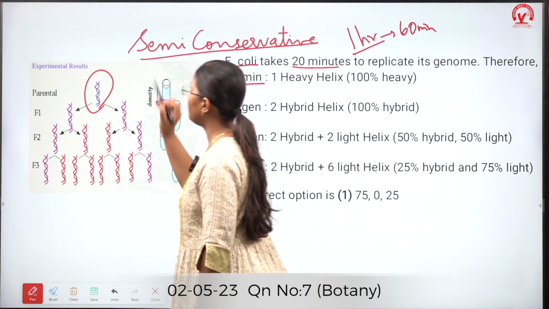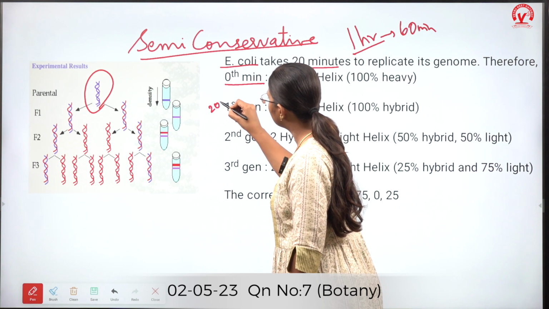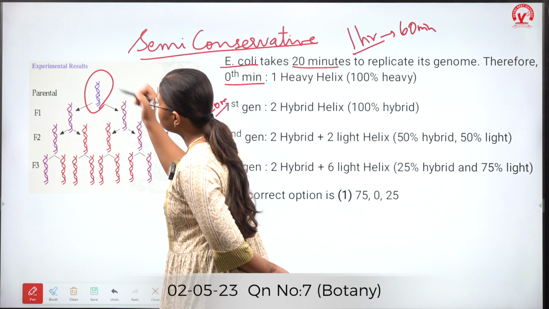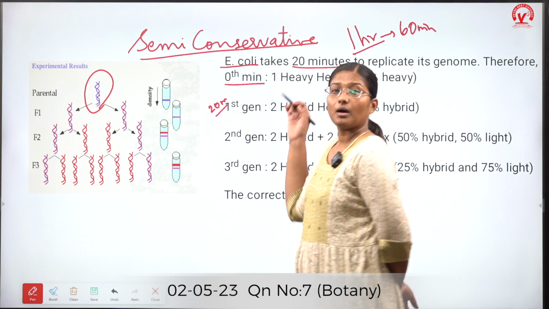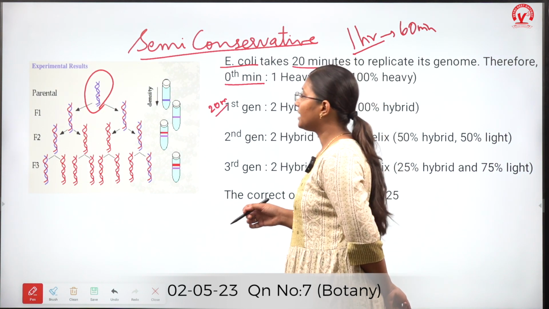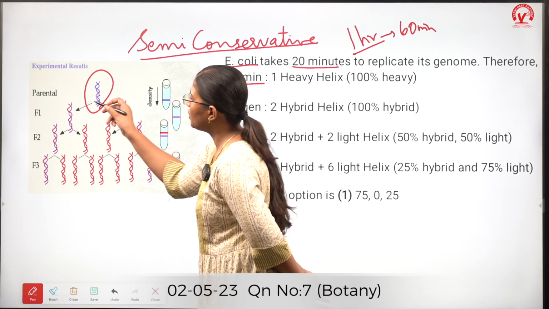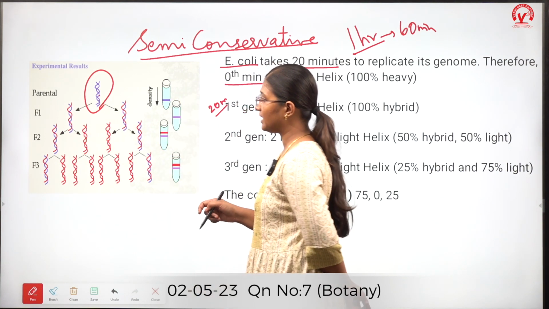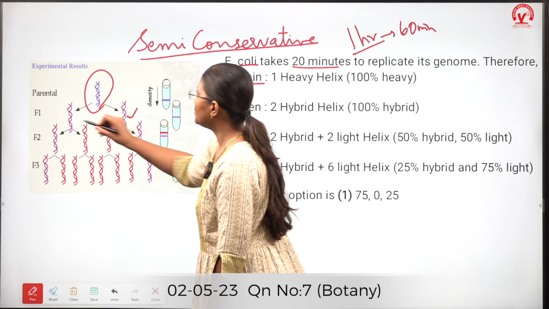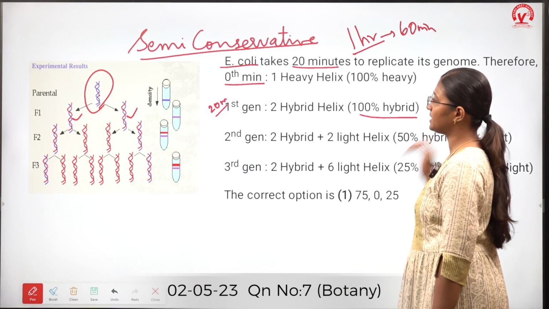At the 0th minute we have one parental DNA, which is put in the media enriched with N14, isn't it? N14 is considered light and N15 heavy. So when they undergo semi-conservative replication, in F1, the first generation at the first 20 minutes, we get 2 hybrid helices, which is 100% hybrid.